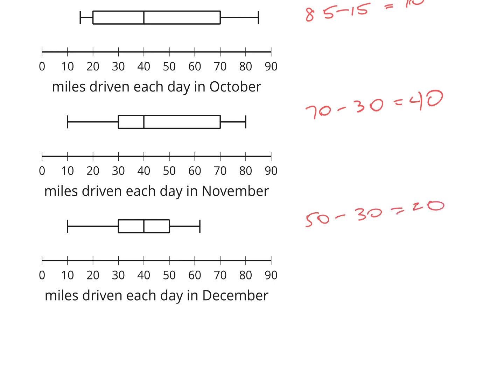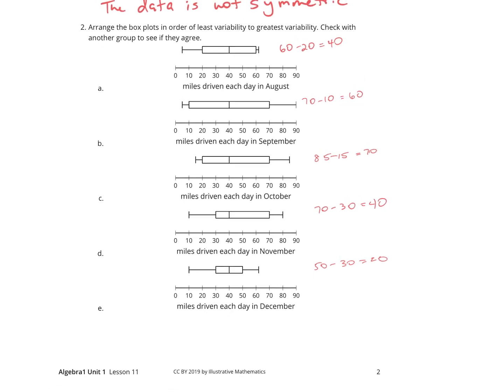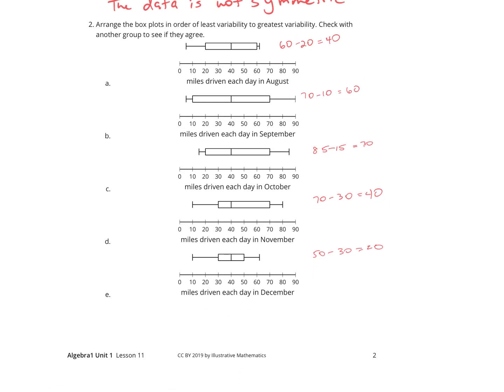So if we want to arrange these in order from least variability to greater variability, the one with the least amount of variability is E. Next, we can see that D and A both have the same IQR. So when determining which one has more or less variability, you take it a step further and look at the range.